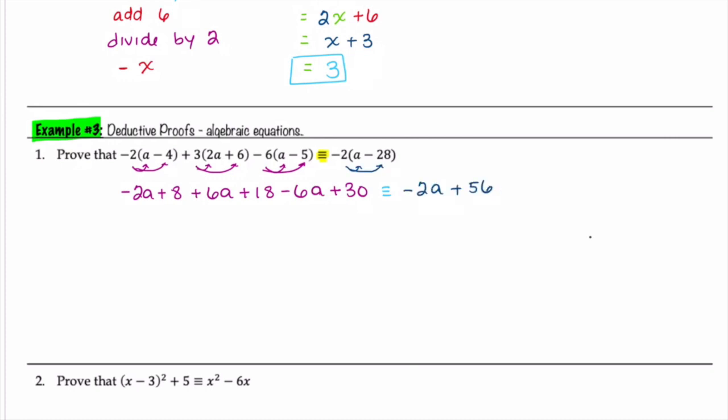I'm going to take the same route I would if I was solving an equation, so I am going to combine my like terms. And I am stopping here because I showed that both sides are the same.